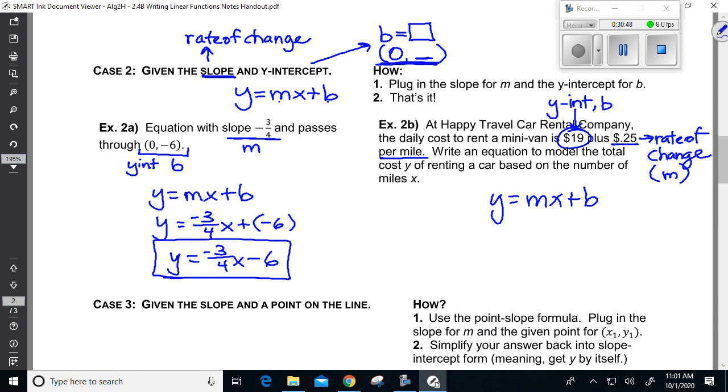So, go ahead and write the equation. We know the slope, we know the y-intercept. So y equals 0.25x plus 19.